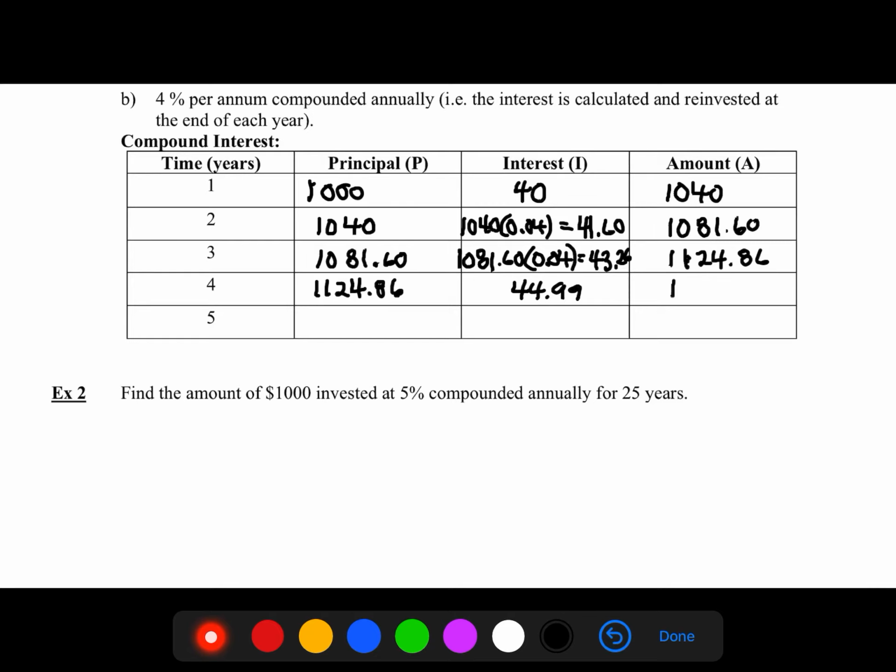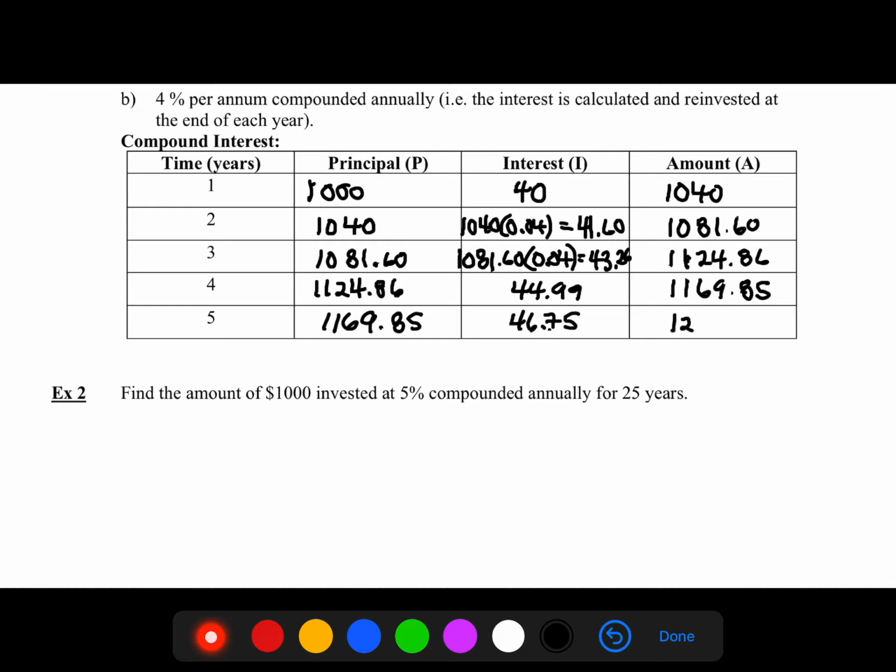If we now take a look at that amount, multiply it by 0.04, this time we get $44.99 in interest and $1,169.85 in the account.